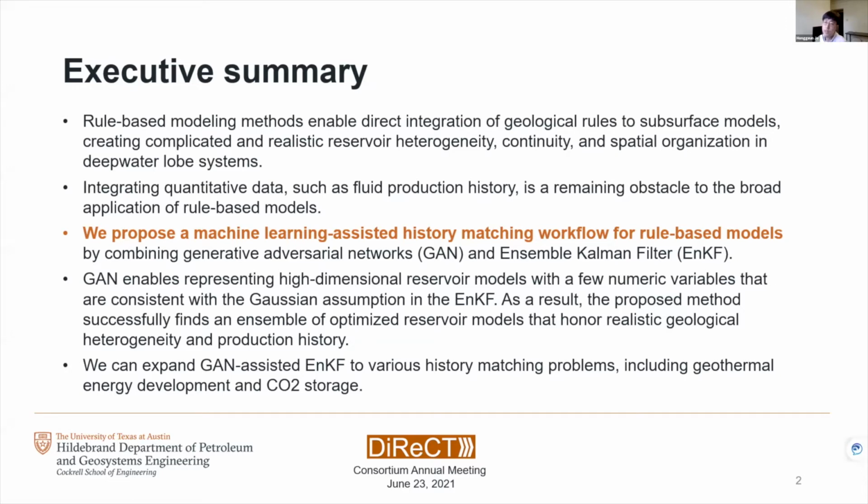The GAN enables representing a high-dimensional reservoir model with a few numeric values, and we successfully find the ensemble of optimized reservoir models that honor realistic geological heterogeneity and production history. We can expand the GAN-assisted Ensemble Kalman filter to various history matching problems, including geothermal or development of CO2 storage.